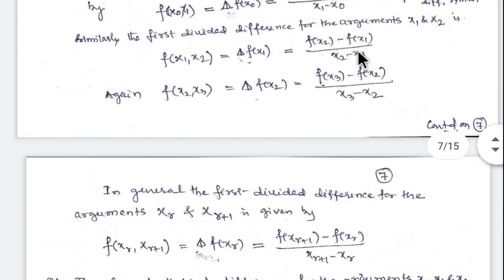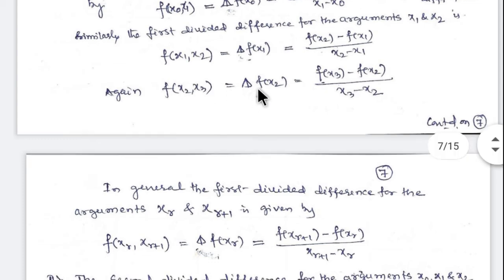Next, similarly, f of x2, x3, the divided difference for the arguments x2 and x3, is del of f of x2, which is f of x3 minus f of x2 divided by x3 minus x2.